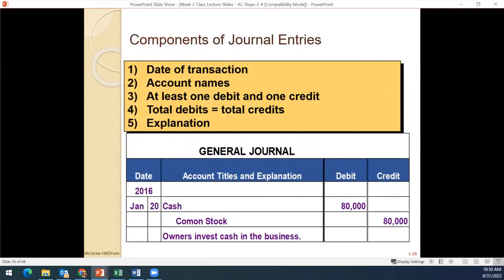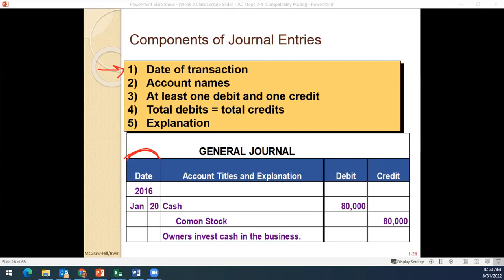So this is what a journal entry looks like. As you can see, it has five components. The first is the date of the transaction, and that goes in the far left column. It's very important to date your transaction so that we know when it occurred, because accounting periods are very important in accounting.